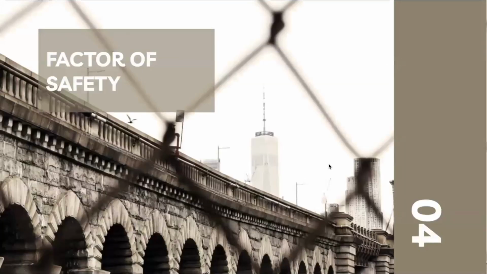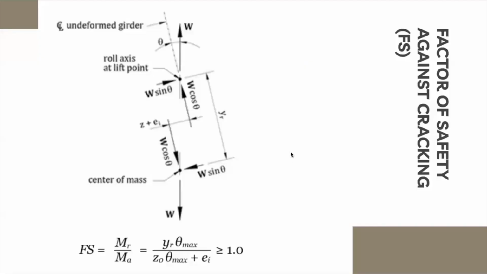The next category we'll discuss is the factor of safety. The factor of safety against cracking is defined as the resisting moment divided by the active moment, which you can see in the equation down at the bottom. This is also the factor of safety based on the equilibrium post-cracking.